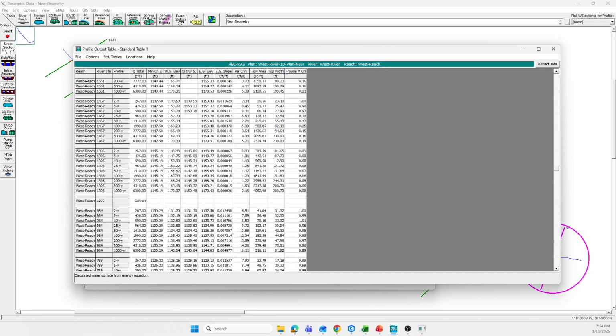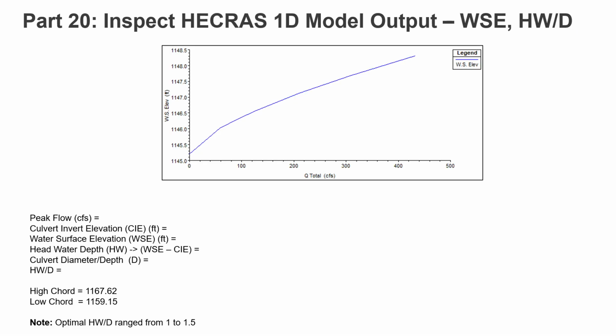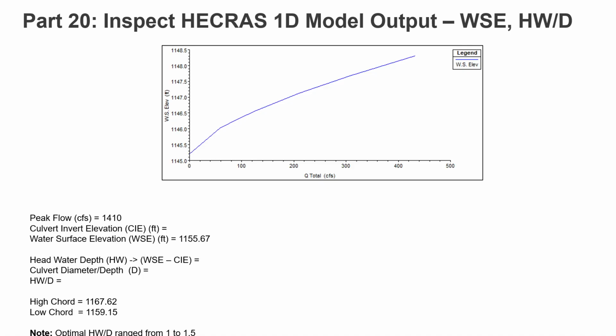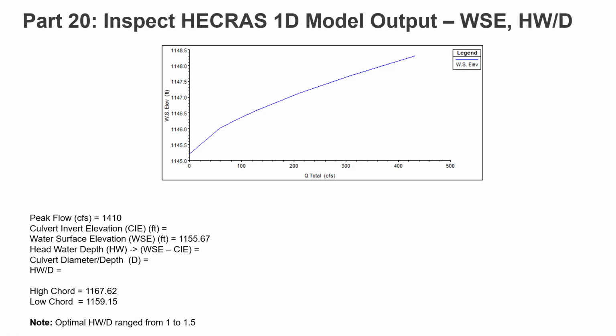The water surface elevation is 1155.67. So we can go back to the model table and fill up the table. The peak flow is 1410. The water surface elevation is 1155.67. We also have that information.